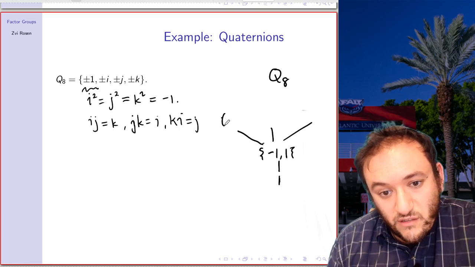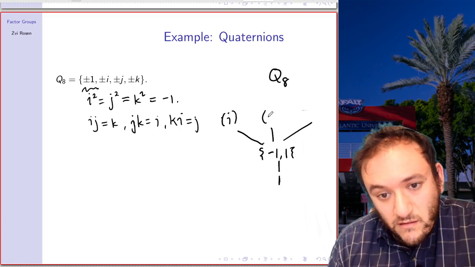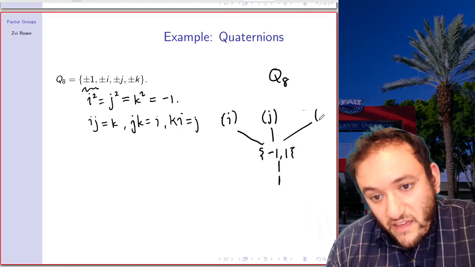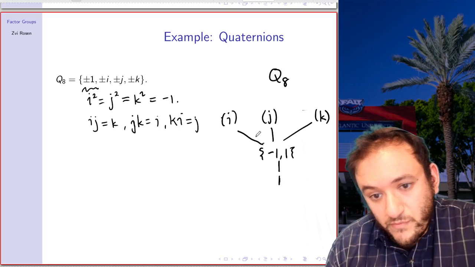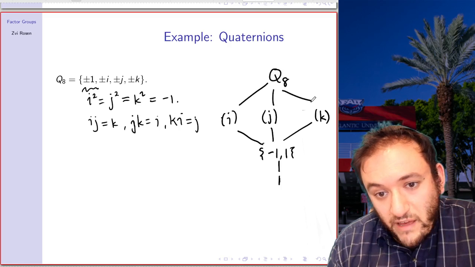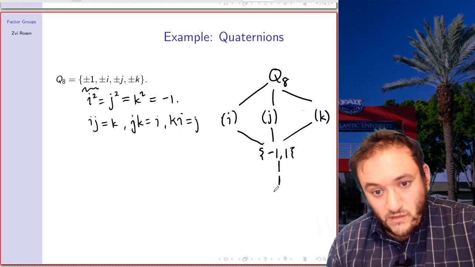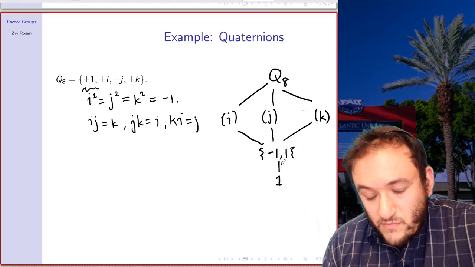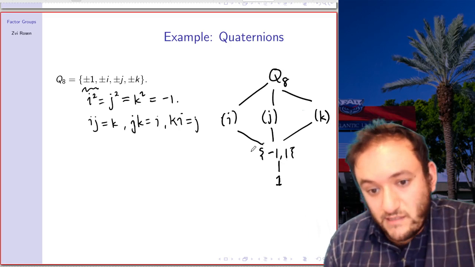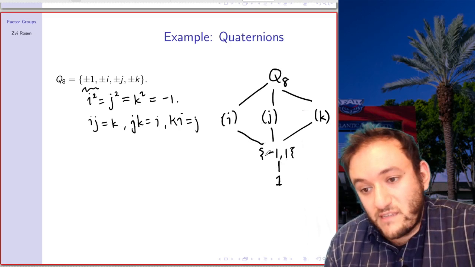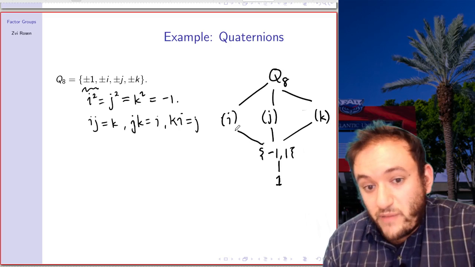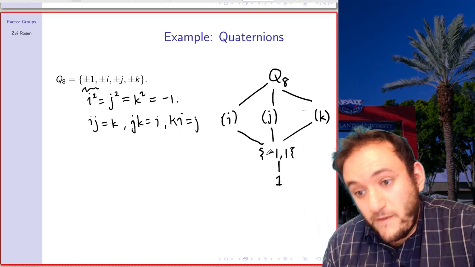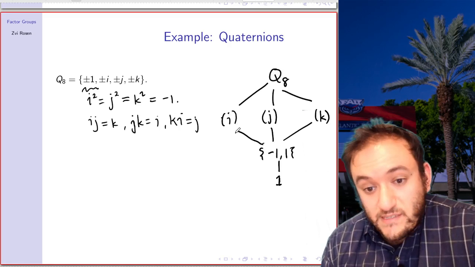In particular, you have the group generated by i, the group generated by j, and the group generated by k. And on top of those, you have the whole group. Every one of these edges going up indicates containment. So the subgroup minus 1, 1 is contained in the subgroup generated by i, because i squared is minus 1, and i to the fourth is 1.